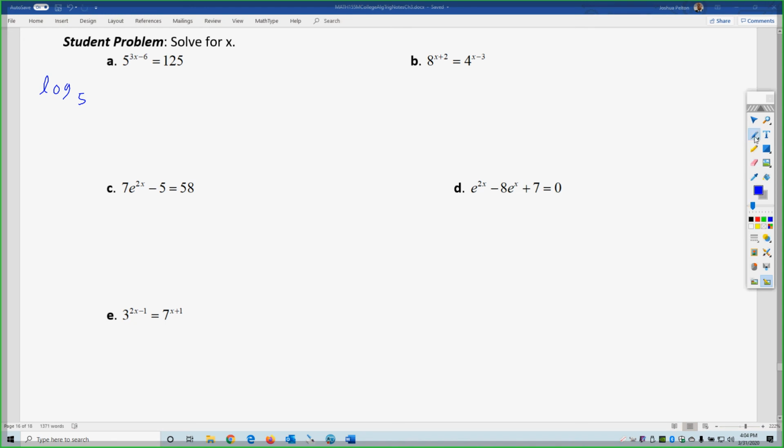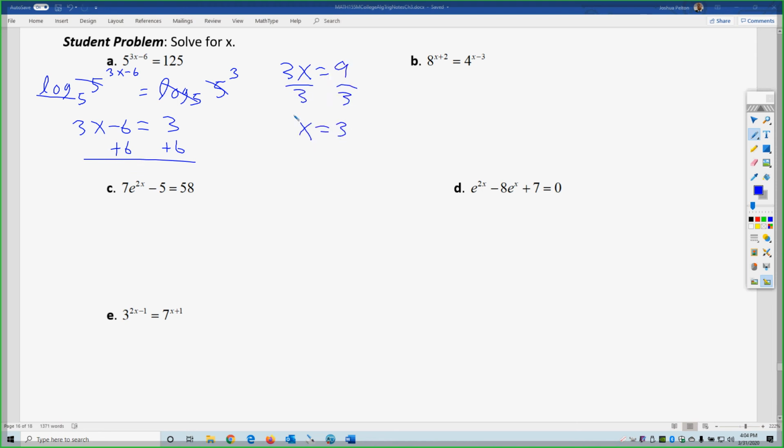So that's 5 to the 3x minus 6. And that's log base 5. We know 125 is 5 to the third. Okay, so cancel, cancel. 3x minus 6 equals 3. So we'll add 6, and we get 3x equals 9. Divide by 3, x equals 3.